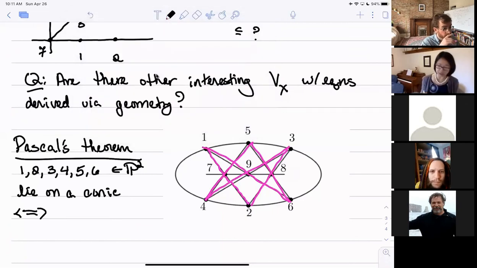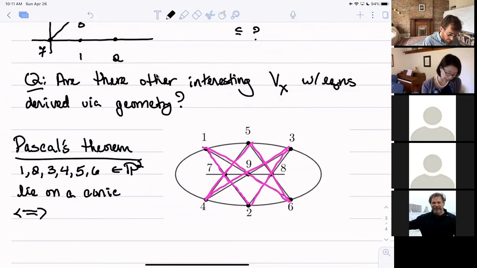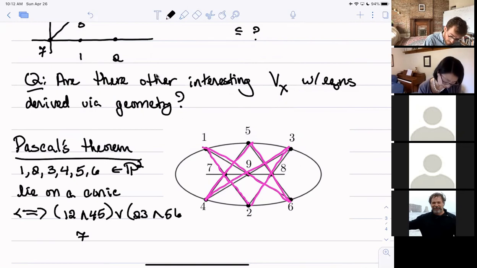But now that we know the Grassmann-Cayley algebra, we can rewrite Pascal's theorem in the following way. If I look at 1, 2 meet 4, 5, that's the point 7. The point 8 is 2, 3 meet 5, 6. And then point 9 is 3, 4 meet 1, 6.